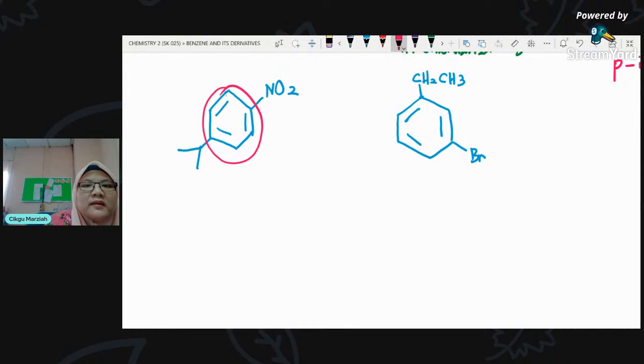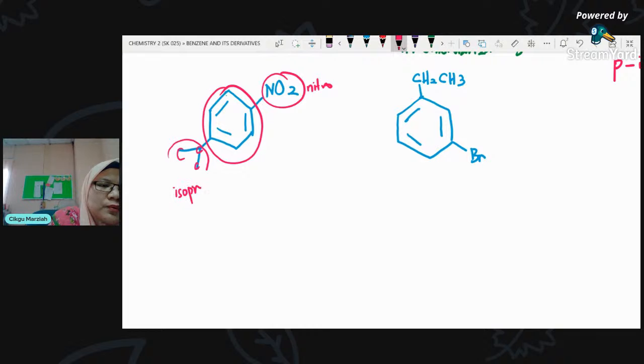Okay, now kita kena arrange according to the alphabetical order. So this one, nama dia adalah nitro. And this one actually dia ada 3 carbon, isopropyl. So the first one is isopropyl. So isopropyl we get carbon number 1, number 2, number 3, number 4.